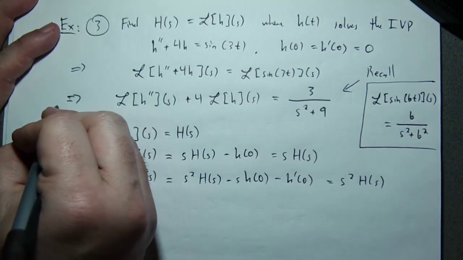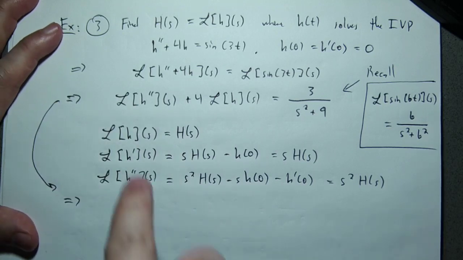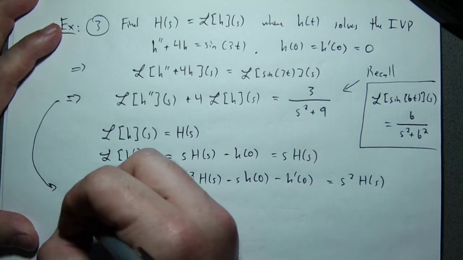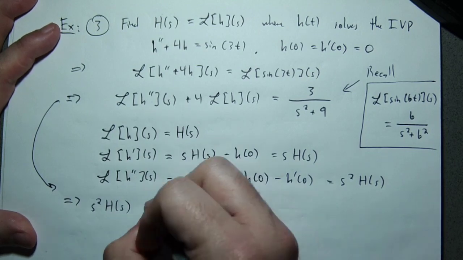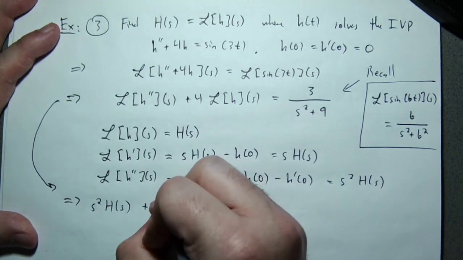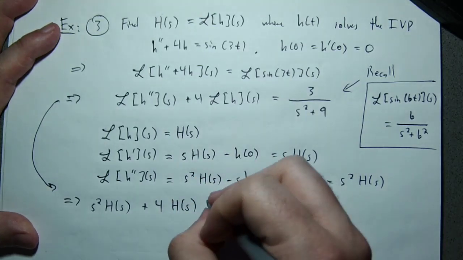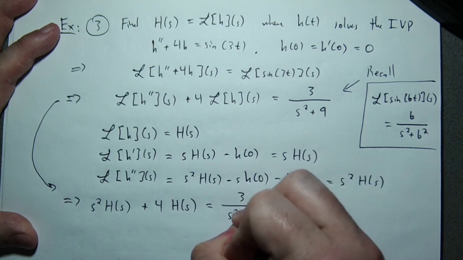So returning to my equation after I've hit it with a Laplace transform of little h double prime is s squared big H of s plus 4 times the Laplace transform of little h, which I'm calling big H of s, and that is equal to 3 over s squared plus 9.